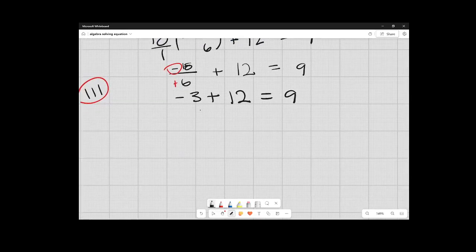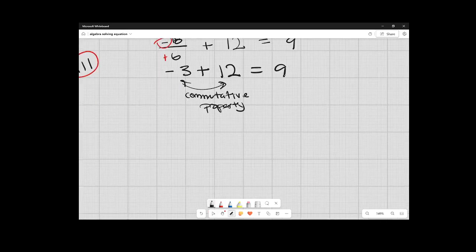Take it one step further, since we have a commutative property of addition, right? It means that we can just switch the order and it will not change the result. So I'll say 12 minus 3 equals 9. Does it?